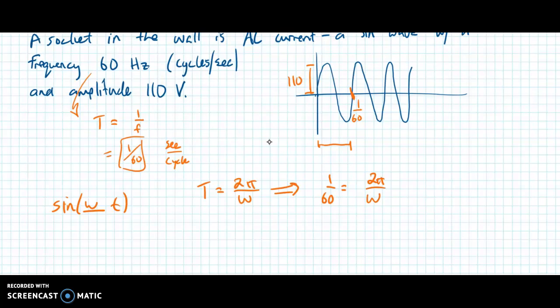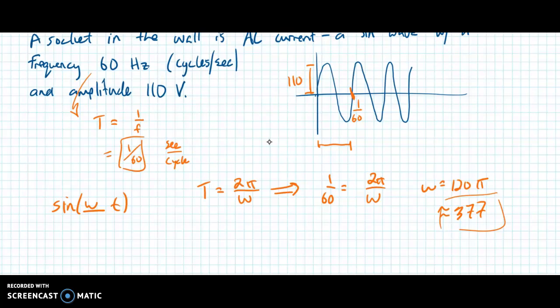Cross multiplying, omega is 120 pi, which is approximately 377. Sometimes we write it with 120 pi, and sometimes with 377. I wanted you to see that number because it seems weird, and it shows up in some of the book problems, and I'm going to use it in this example.